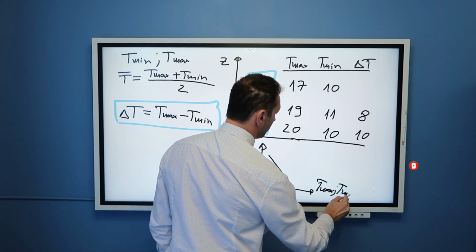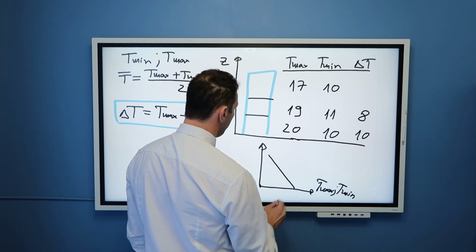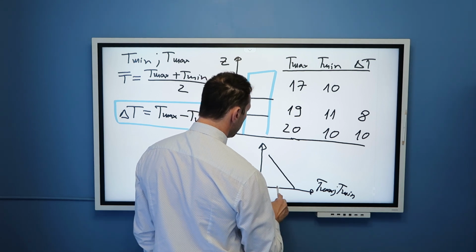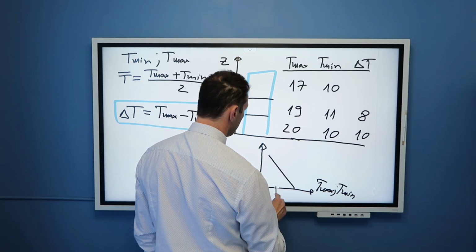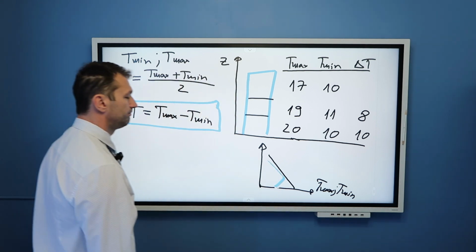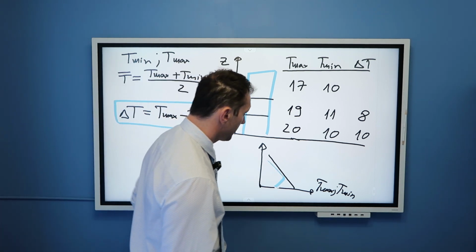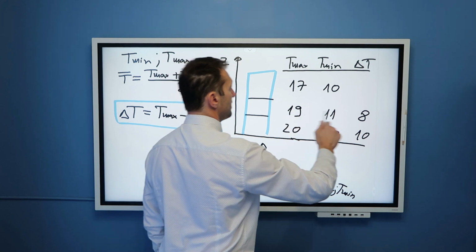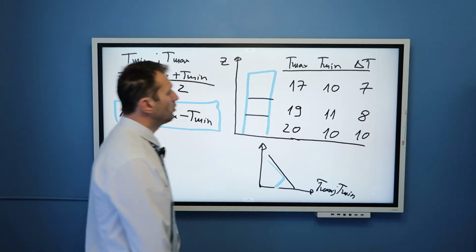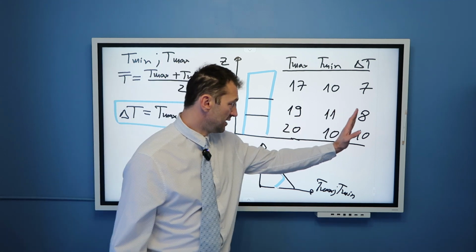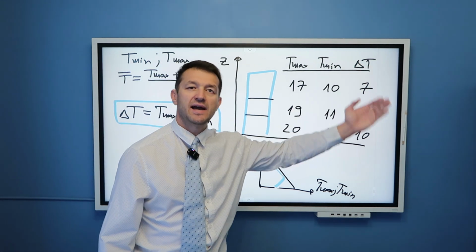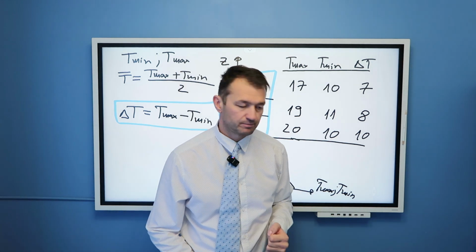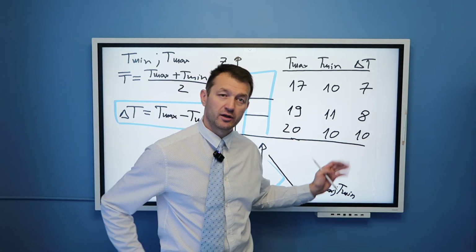But minimum temperature will increase with height and then decrease with height. That's the curve for minimum temperature. So now you can see that 17 minus 10 is 7. So what we demonstrate here is that temperature variation decreases with height, and the reason is what I discussed before. A person is further away from the source of heat or the source of cooling during nighttime.